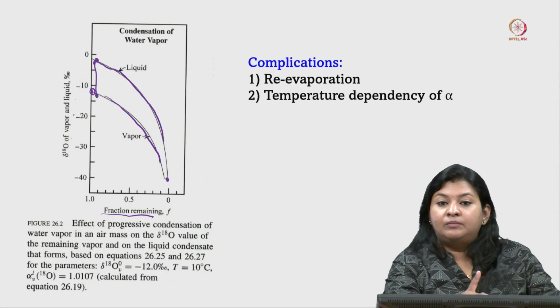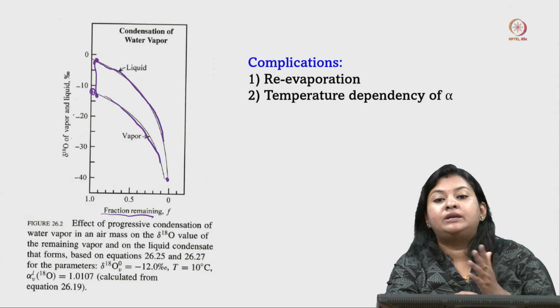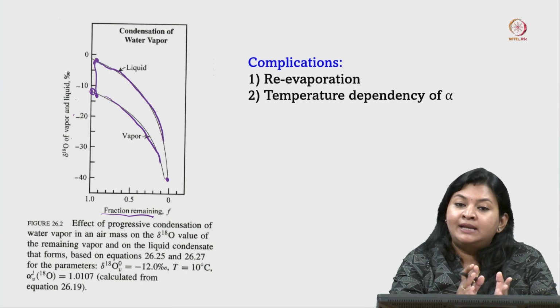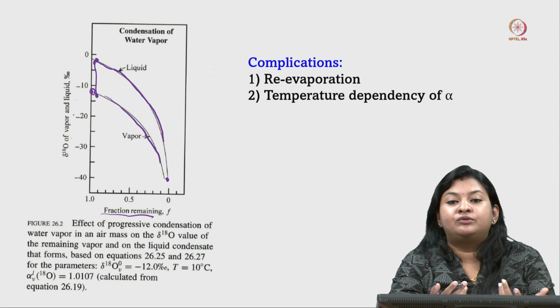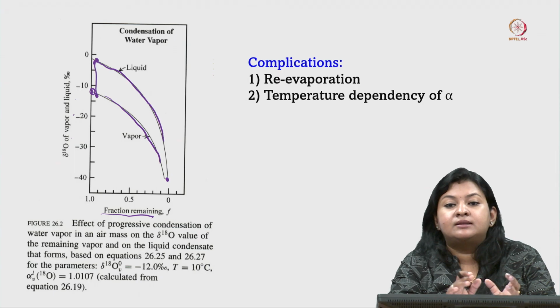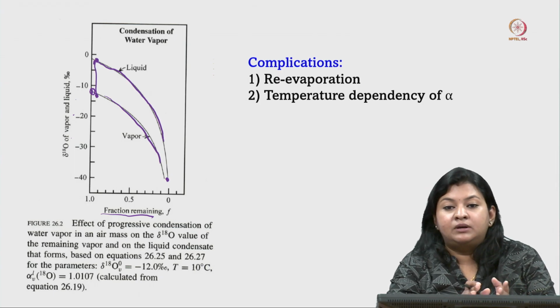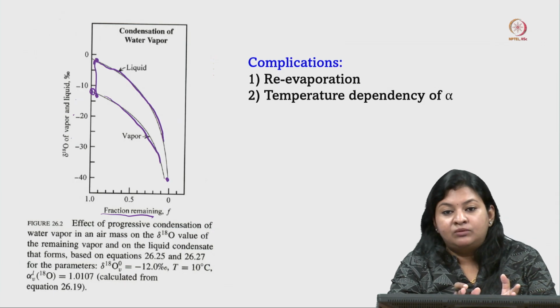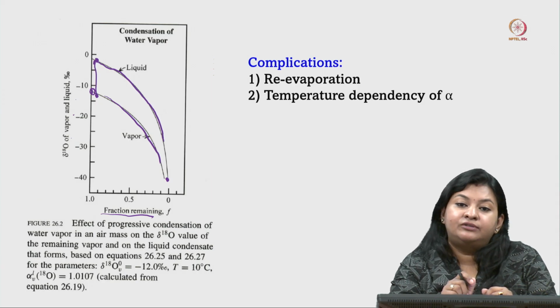And mind you, the complications can be the re-evaporation of the liquid, that is the condensation phase, back into the atmosphere, because we are assuming in the first place that it is not going to re-evaporate. But often in natural systems, we know that re-evaporation can become a problem. And also is the alpha value.